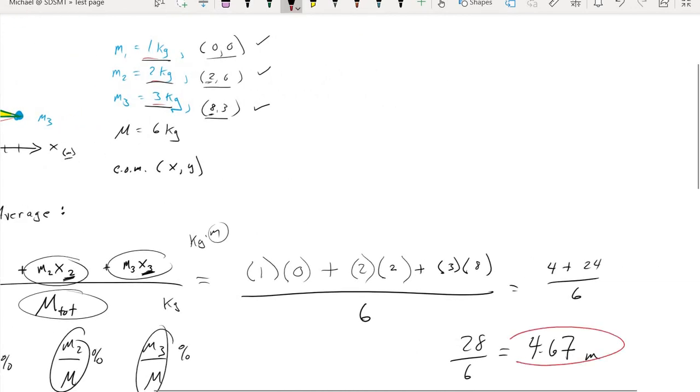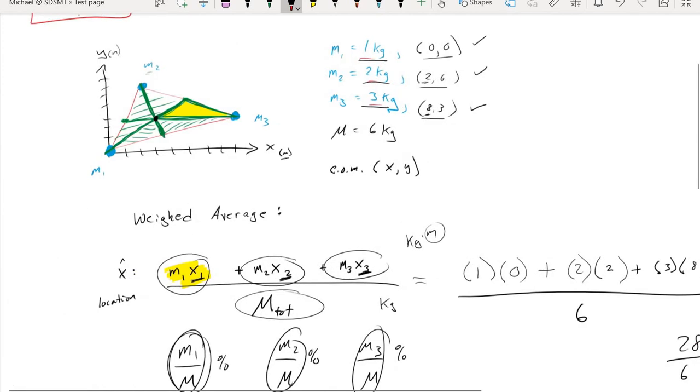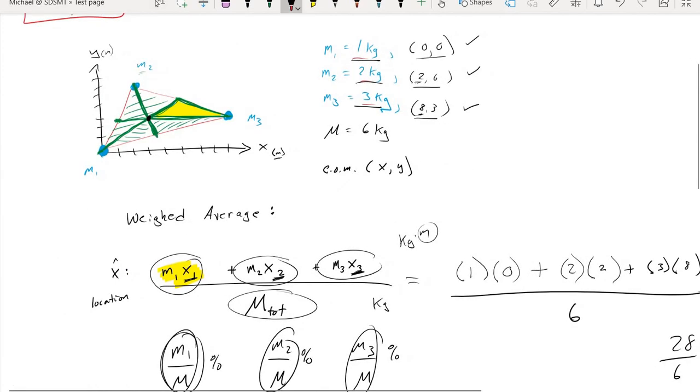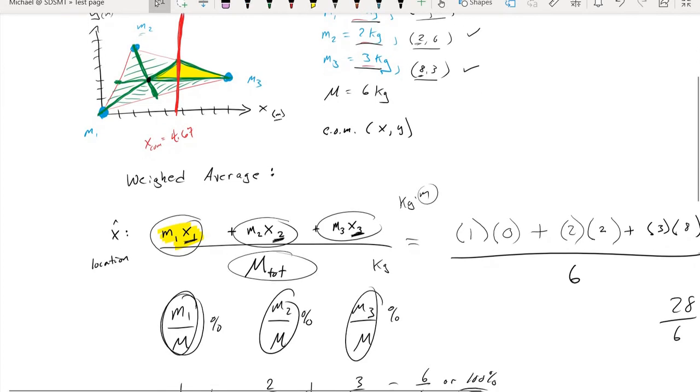And it says that we have to go out to a value of 4.67. So 1, 2, 3, 4, a little bit past 4.5 would be 4.67. And so the center of mass for this system has to be somewhere on that line. So our center of mass x value is 4.67.